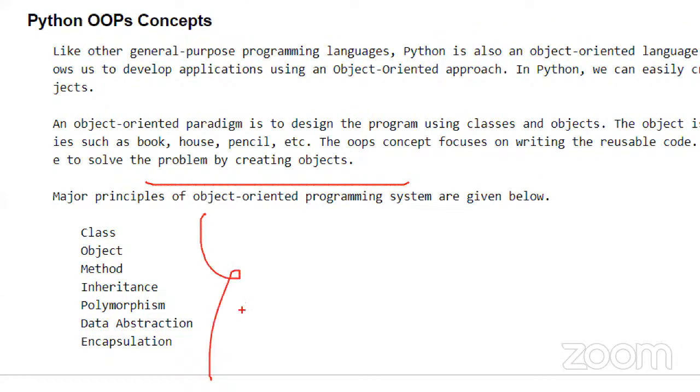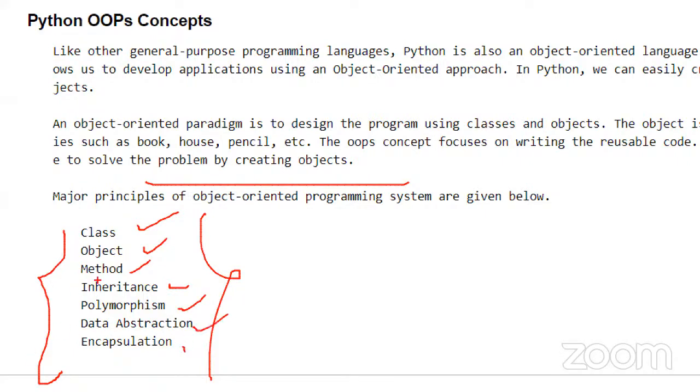What are the principles of object-oriented programming you need to understand? Object-oriented programming is composed of five to six main topics. First is class, object, method. Method is similar to the functions that you use in code. Then inheritance, polymorphism, data abstraction, and encapsulation.